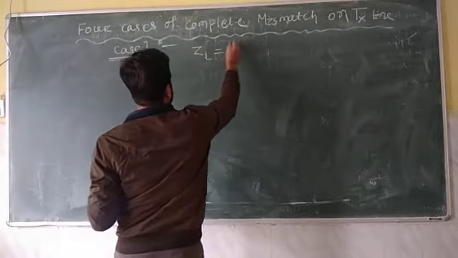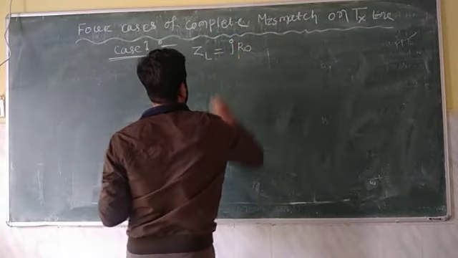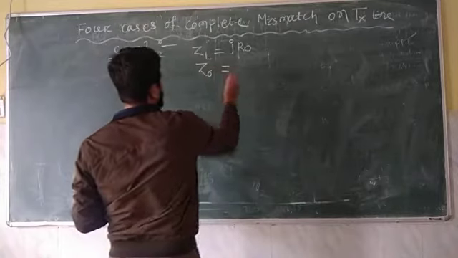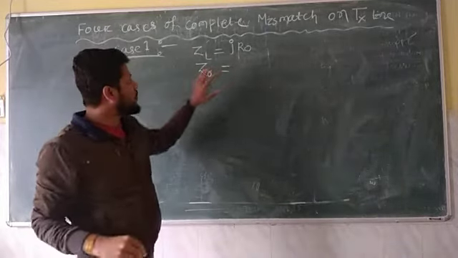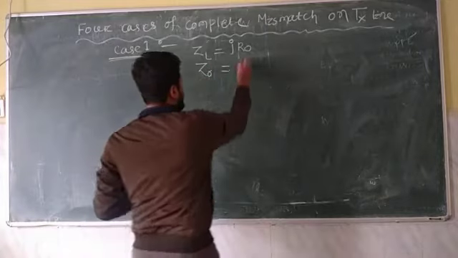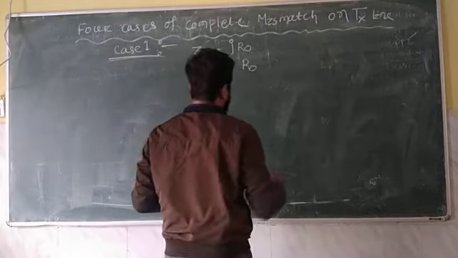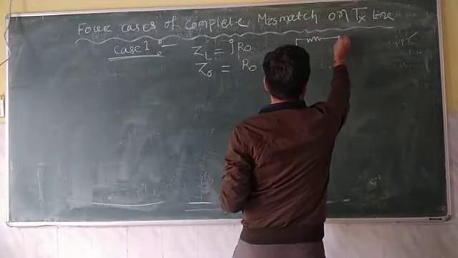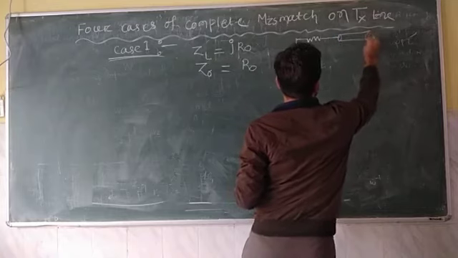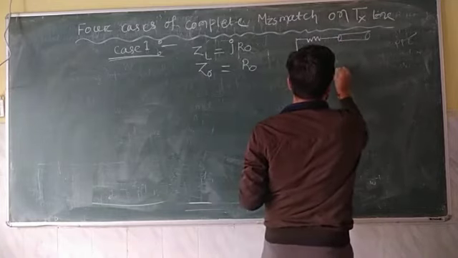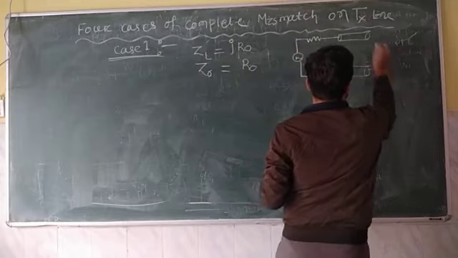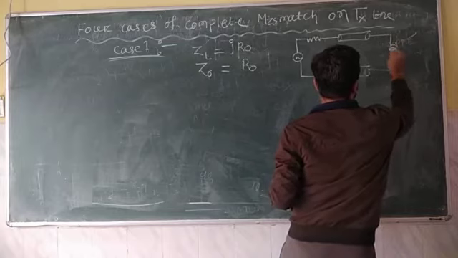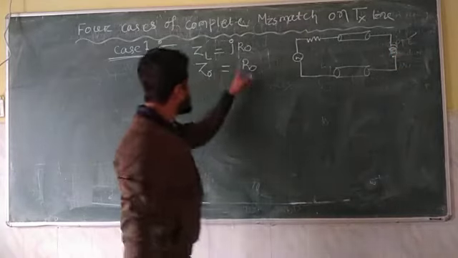ZL is equal to jR0, and for example your characteristic impedance Z0 is equal to R0. That means how will the circuit look? It is a purely inductive load, jR0.